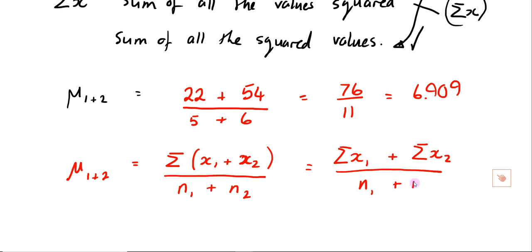Are they equivalent? Would they give me the same thing? Right, but what about the notation on the left-hand side? What does x1 plus x2 mean? The numbers in the population 1 and the numbers in the population 2. You add them. So why do I need the sigma on the outside?